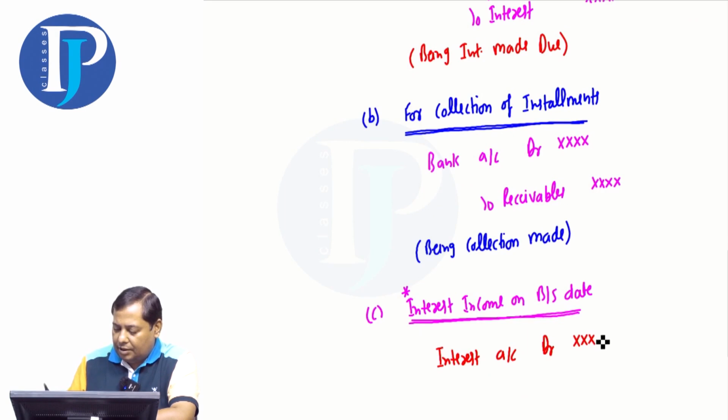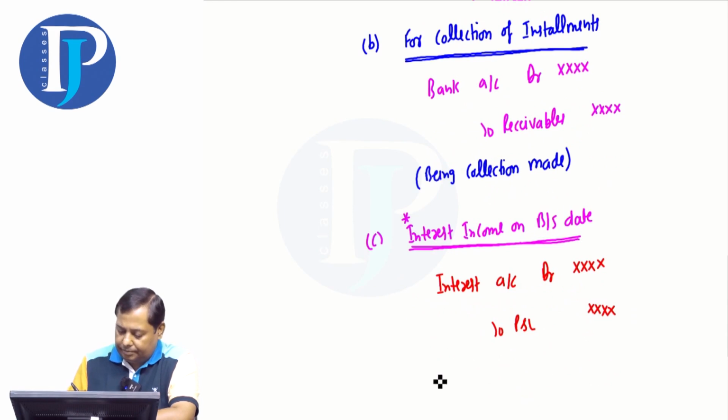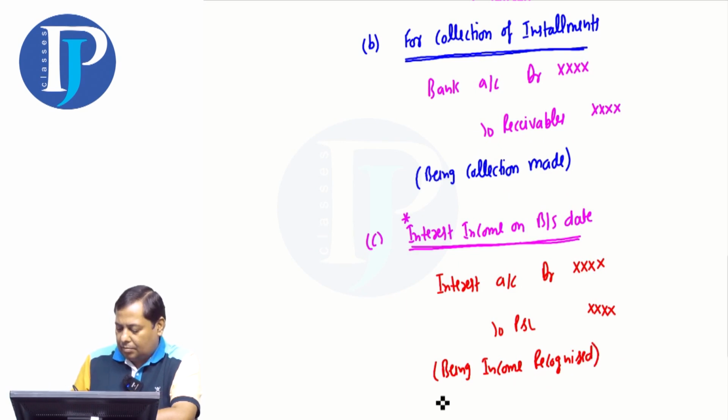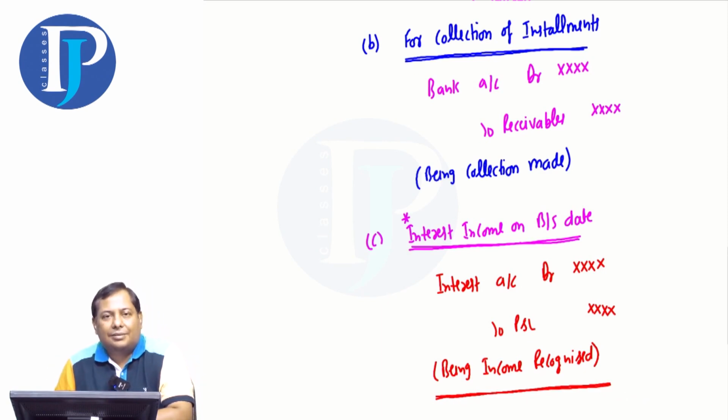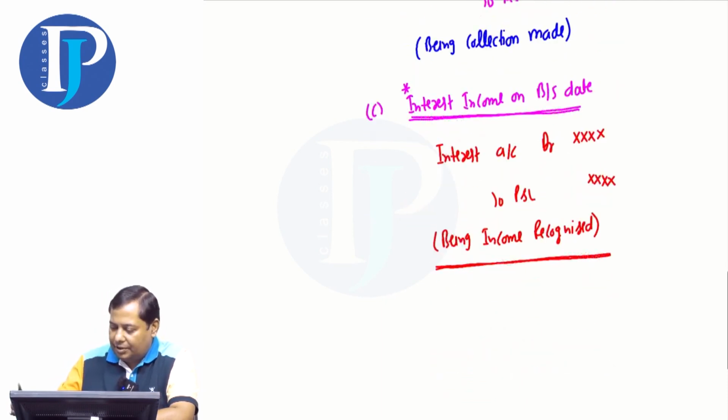Interest account debit to P&L, being income recognized. These are 3 steps: apply interest, take collection, interest comes to P&L. Write an example.